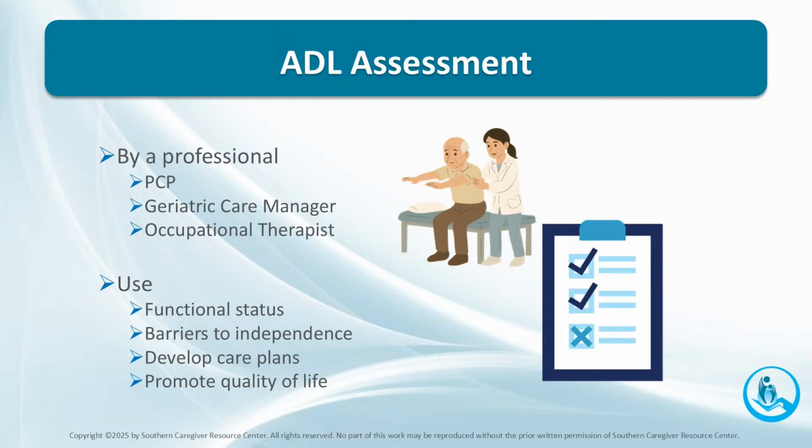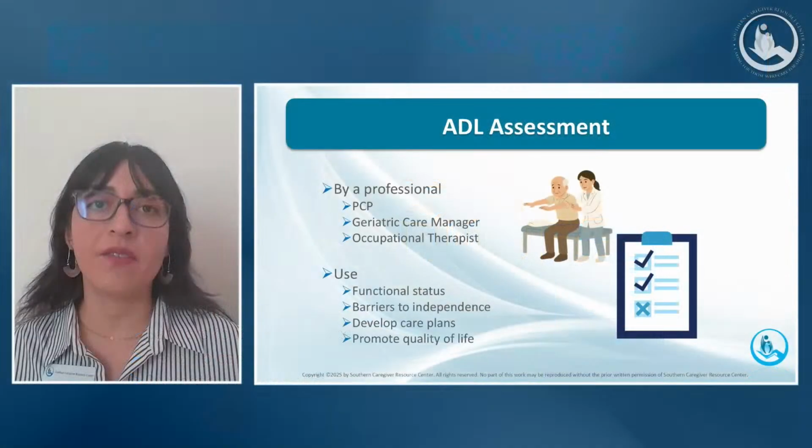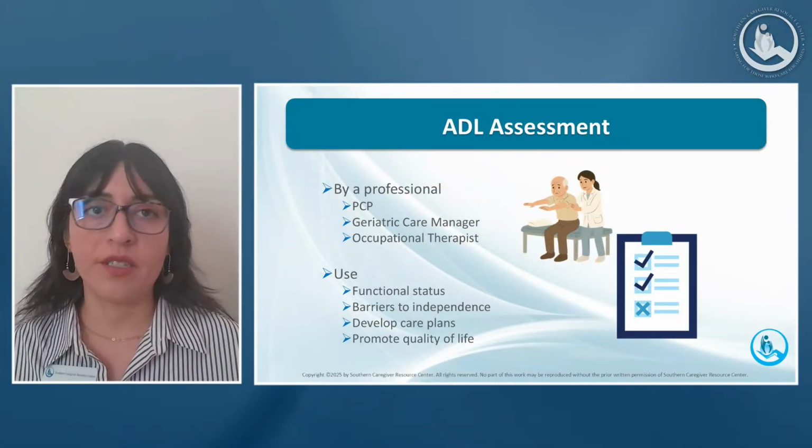Their understanding of the support that the patient needs, and also what their role in patient care has to be, right? Because it might change over time. Now, this can help the care team assess the functional status, identifying barriers to independence, and developing care plans that promote patient safety, autonomy, and quality of life. All of these are addressed.